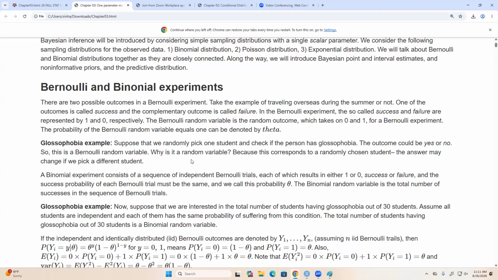So a binomial experiment consists of independent and identically distributed Bernoulli trials. Therefore, Bernoulli and binomial are so interconnected. We'll talk about this glossophobia example in the binomial distribution context in the next class.